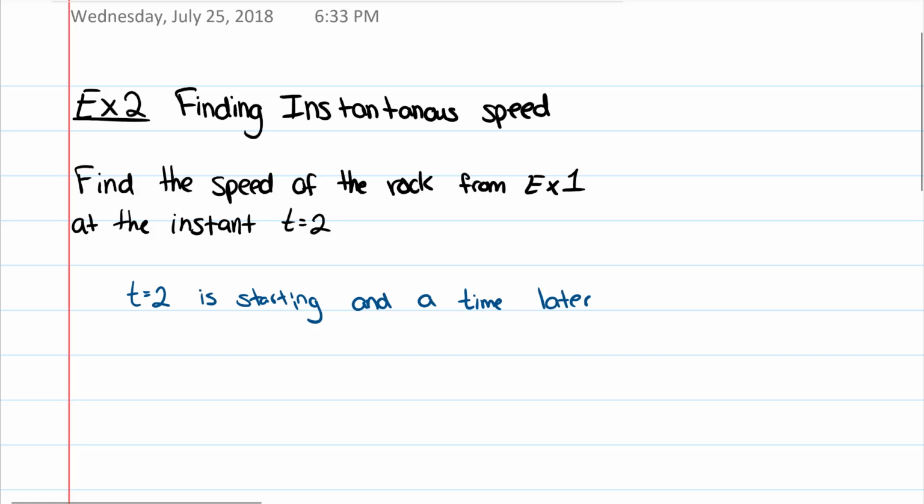This time later, we're going to call t equals 2 plus h, and h is going to be so many seconds, so it could be 1 second or 2 seconds, but our goal here is to let h equal 0. So we're actually going to determine what's called a limit, and we're going to be looking at when h becomes very small. So the distance between 2 seconds and 2.1 or 2.01 becomes very small.